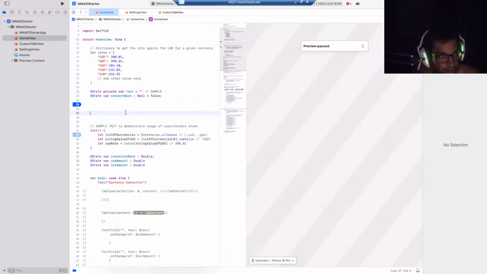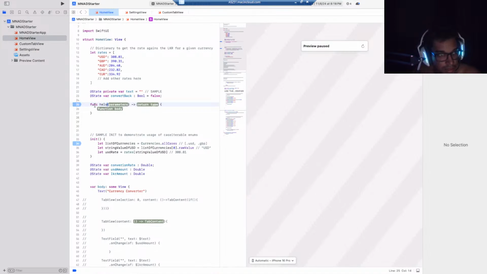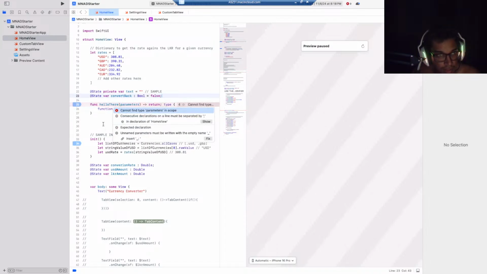Cool. So what I'm going to do here is probably look for func. Hello there. These are the parameters, and this is the return type, and this is the function body. So as far as this goes, I think cannot find type. Okay.